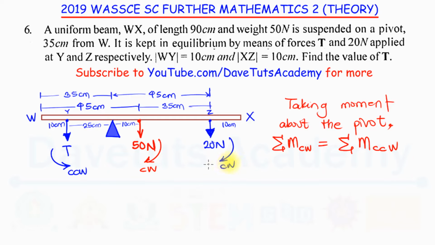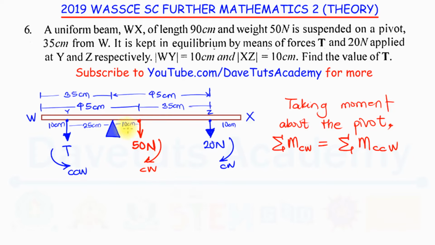So the sum of the moment in the clockwise direction is equal to the sum of the moment in the counterclockwise direction. In the clockwise direction we have 50 newtons multiplied by the distance, because it is the product of the force and the perpendicular distance. You can see the force is acting downwards, the distance is acting horizontally, the force is acting vertically, so that is perpendicular to one another.